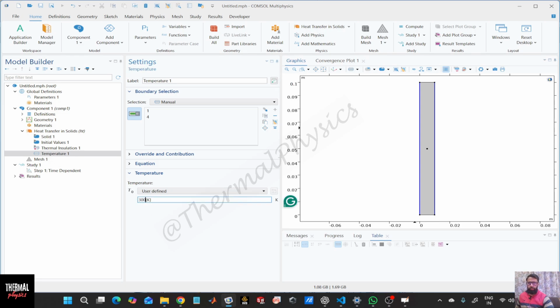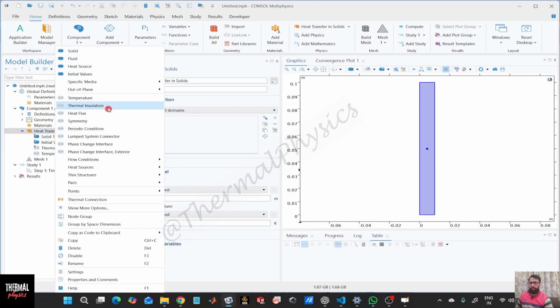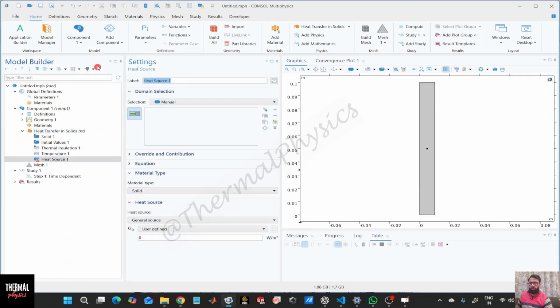We're keeping it the same to see the effect of the heat generation on the temperature distribution, or temperature at the center point. So we need to include the heat generation, which is in the heat source. We're selecting heat source, and by default it is in watt per meter cube.